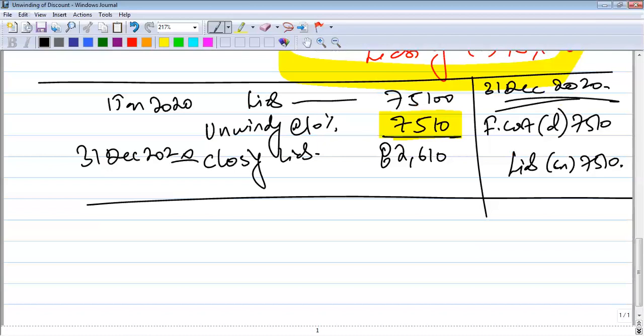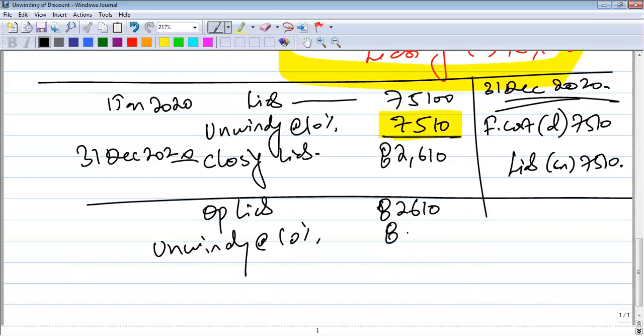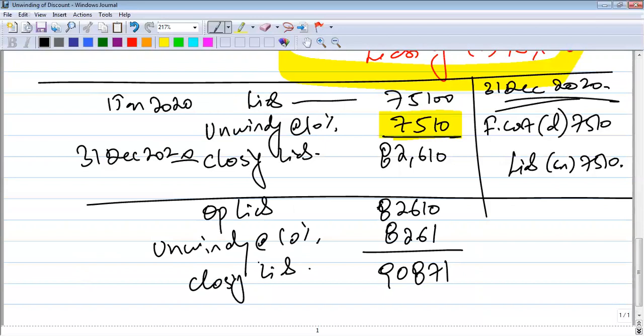The same thing is going to happen in the next year. You will have the opening liability of 82,610, and then there is going to be unwinding at the rate of 10%. So this is going to be 8261, and resultingly we'll have 90,871 as a closing liability at 31st December 2021.